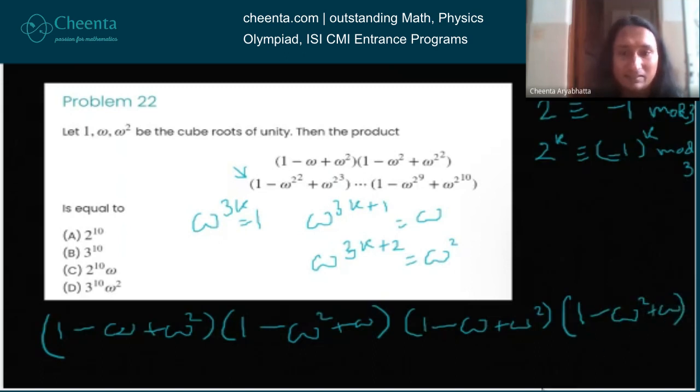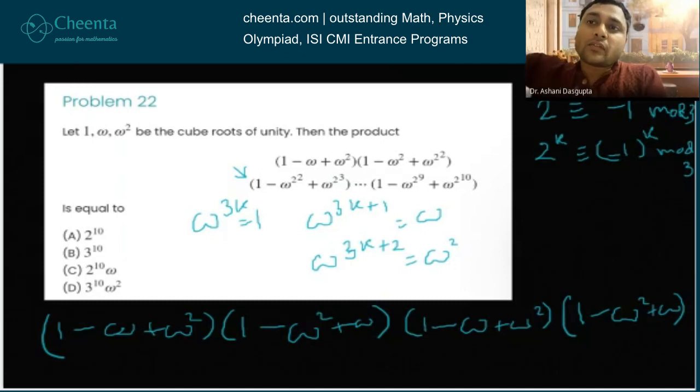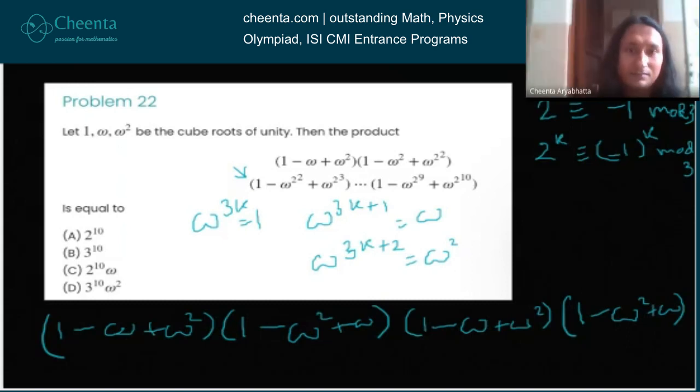You will get just this alternately, because omega to the power 2 square would be simply omega to the power 1. Using this simplification, you will keep getting the same thing over and over again.